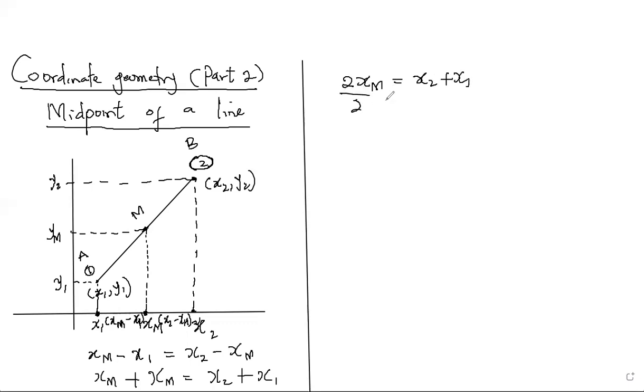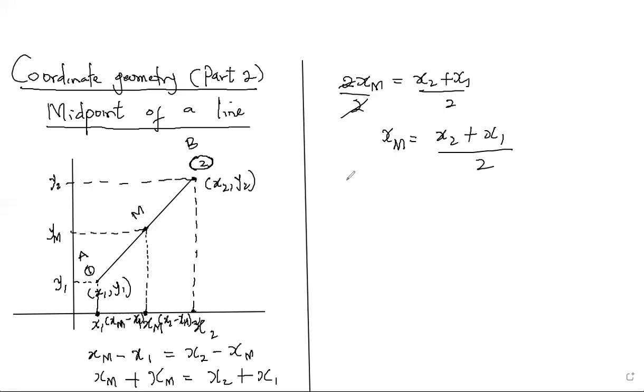I divide both sides by 2, then I'll have xm equal to x2 plus x1 divided by 2. So that is the x coordinate of the midpoint. What I need to do is just add the x coordinate of point 1 and the x coordinate of point 2 and divide by 2. That gives me the x coordinate of the midpoint M.